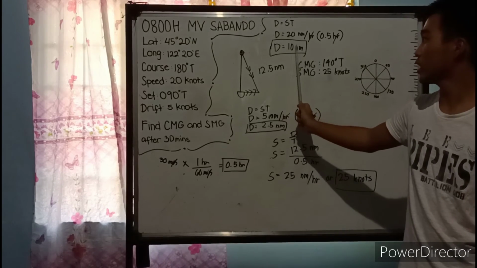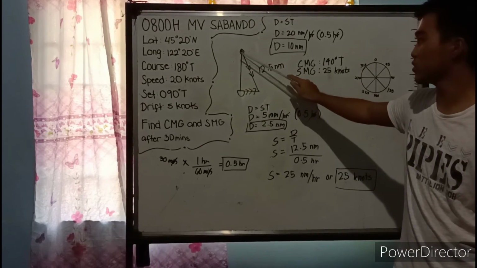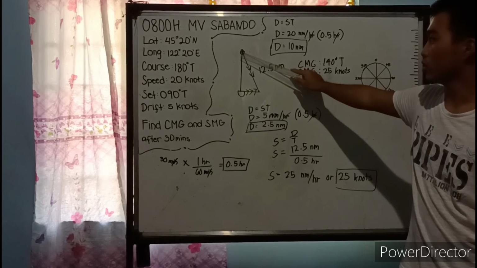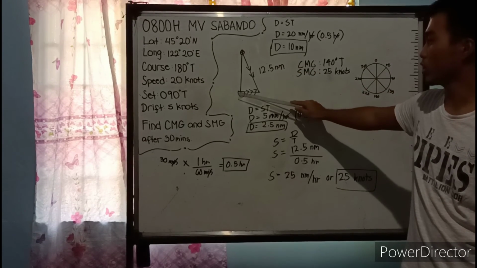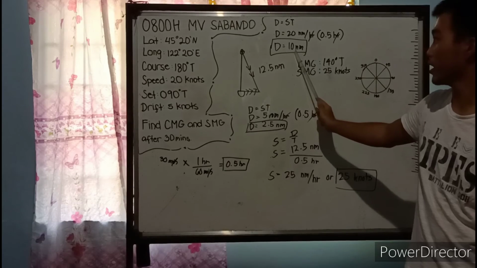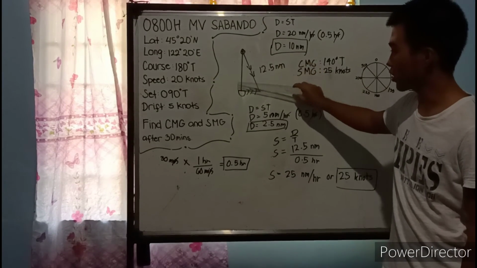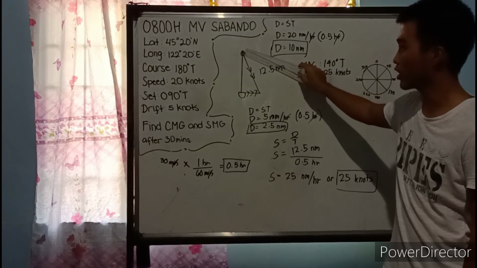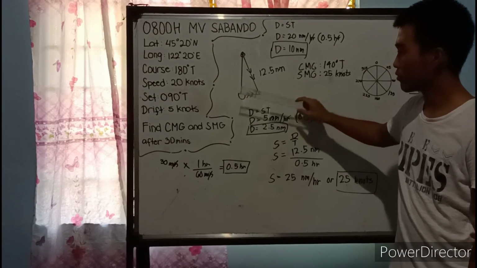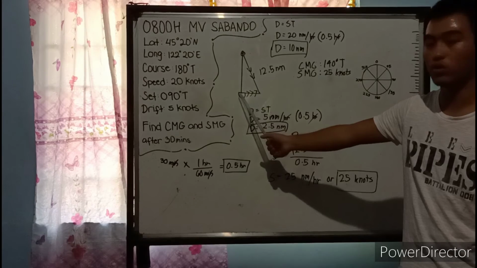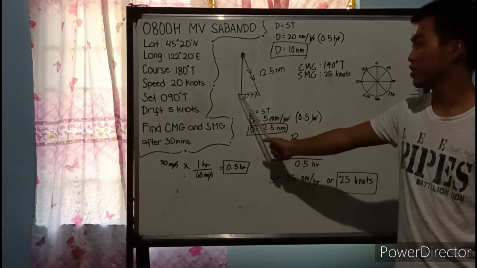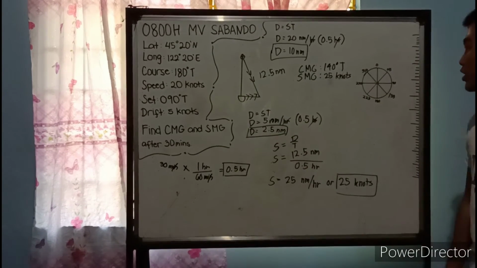So we will come up with 10 nautical miles. This is the distance from our current position to our estimated position, 10 nautical miles. We will put this in our scale and put this in our course starting from our current position. So this will be our dead reckoning position, or DR.